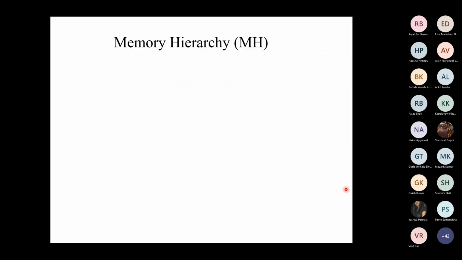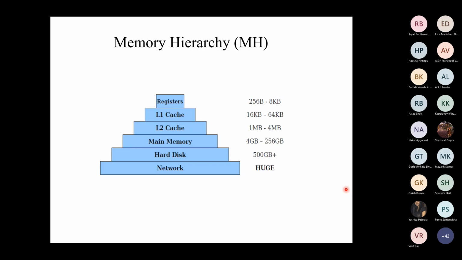Okay, good. And in the meantime, you have also studied memory hierarchy. If you start from the CPU side, on the CPU I have the registers, then I have different levels of cache, L1, L2, and so on, followed by main memory, hard disk, network, and cloud, and so on.